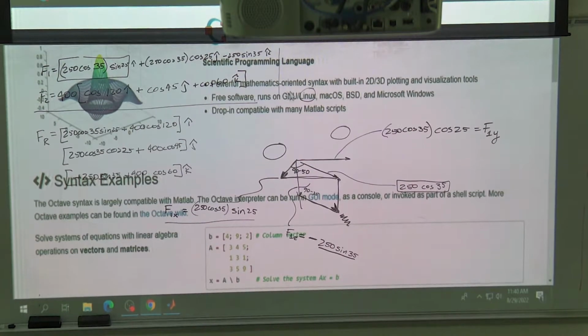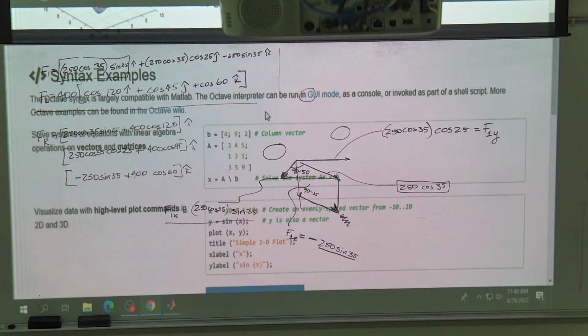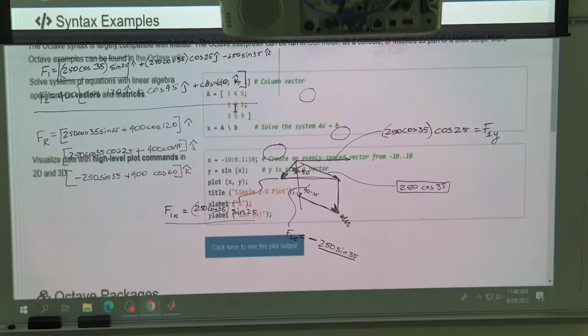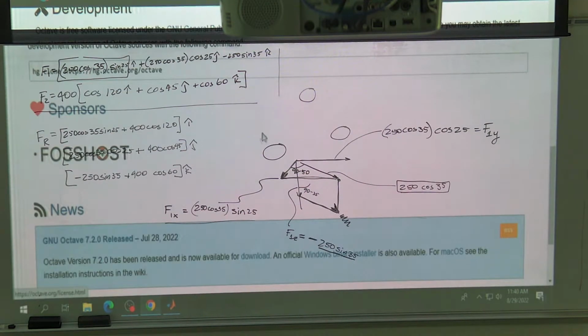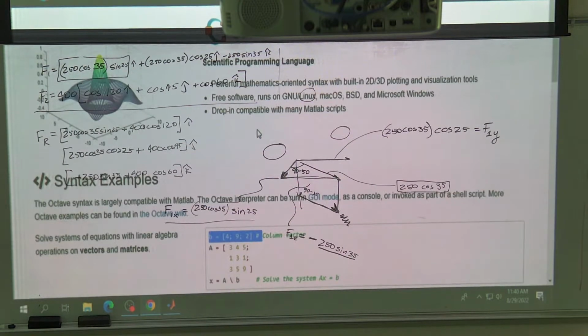Turns out the syntax is exactly the same. So if you take most Matlab codes and type them into Octave, you'll get exactly the same thing. I'll show you why you want to use this a lot through this section.